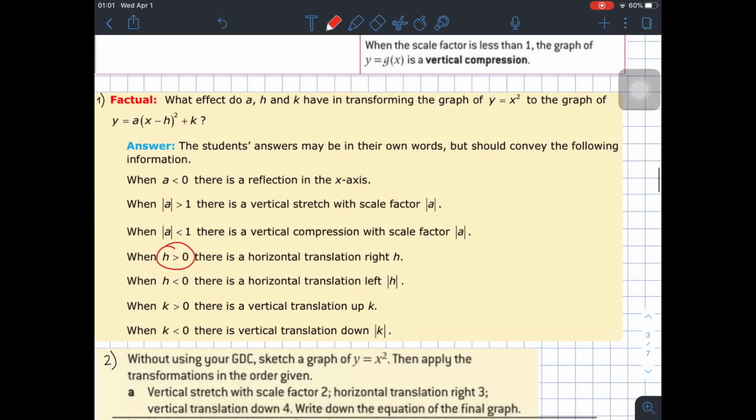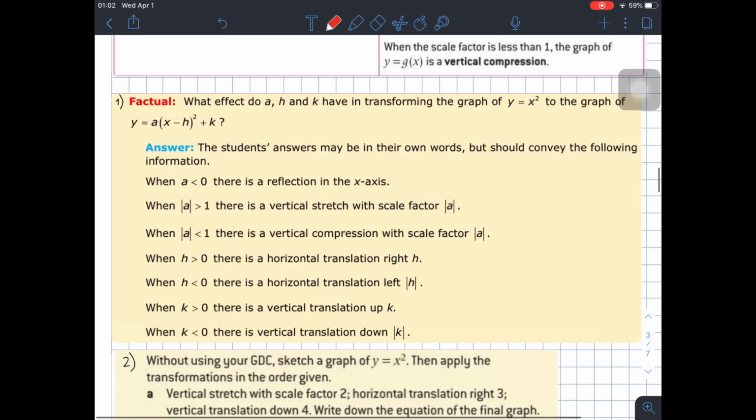When h is positive, there's a horizontal translation to the right, okay? And when h is negative, there is a horizontal translation to the left, okay? Finally, when k is positive, greater than 0, there is a vertical translation up k units. And when k is less than 0, or k is negative, there is a vertical translation down k units, okay?